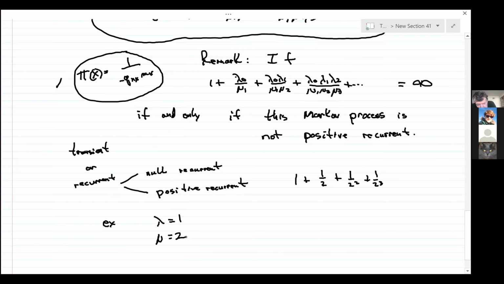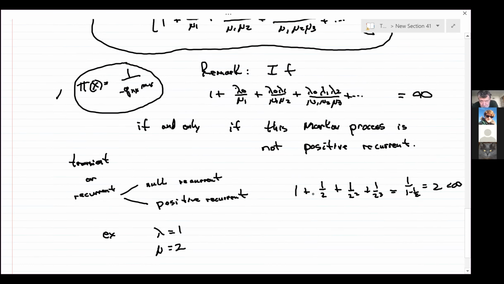So if the rate of going down, or the death rate, I suppose, is greater than the birth rate, then this is a geometric series, and this actually sums to what? 2, I think. It's 1 over 1 minus a half, which is 2. Yeah, which is finite. So in that case, there's a birth death process, and there's a stationary distribution. What does it look like?